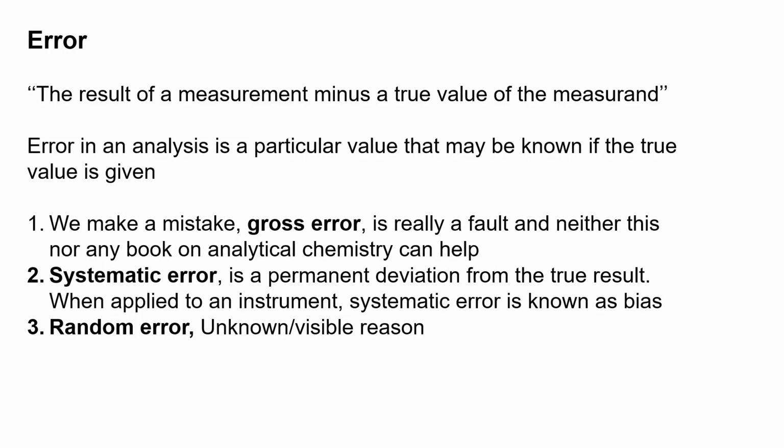Another type is random errors. They are not very visible, but there are a lot of factors you can attribute to these random errors. I'll explain them comprehensively in my coming slides.